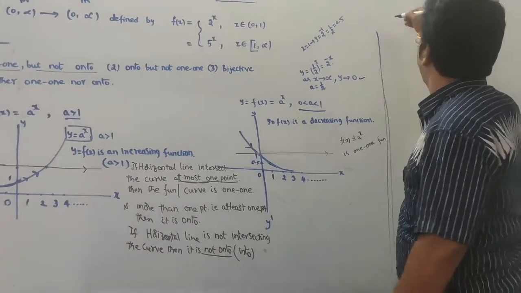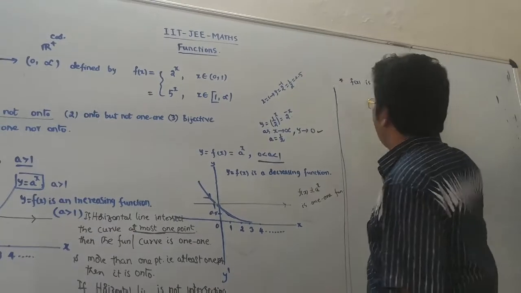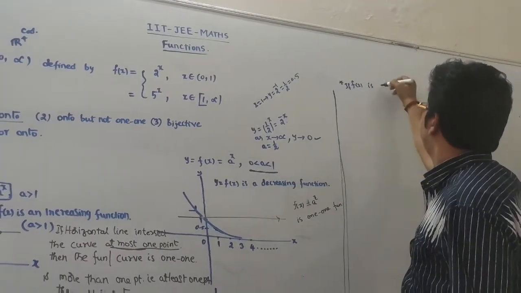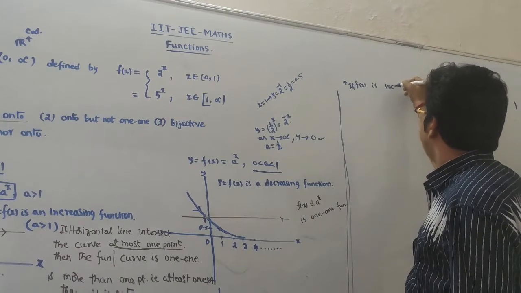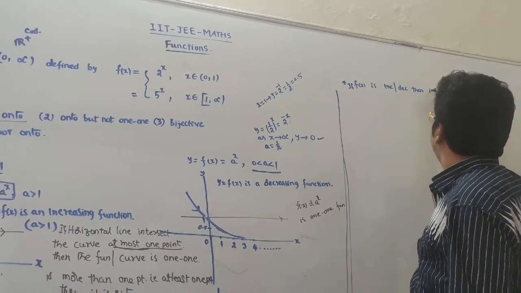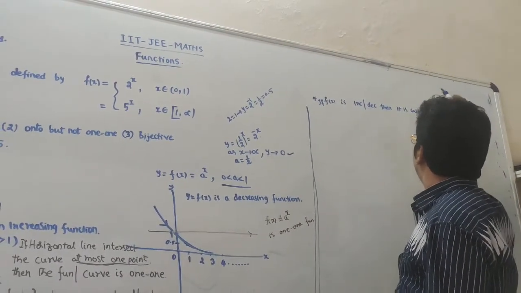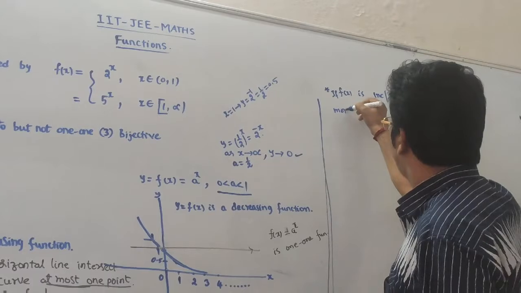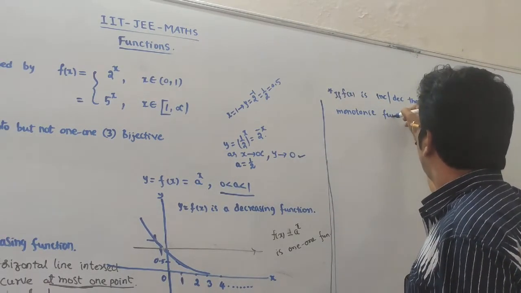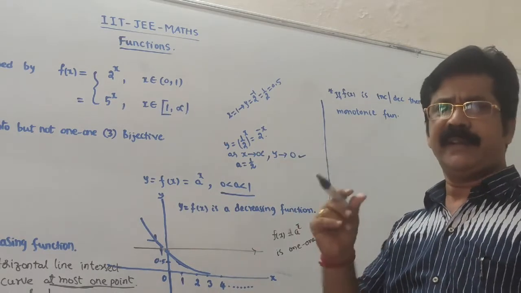So point number 1, if f of x is either increasing or decreasing, then it is called a monotonic function. Monotonic function means monotonic increasing or monotonic decreasing.